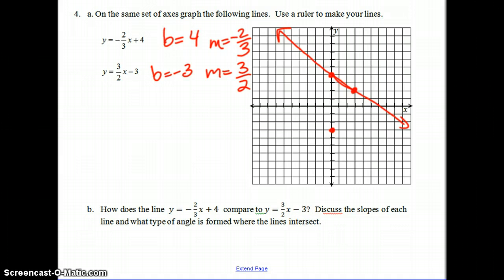Negative 3, 3 over 2. Okay, again, you notice that we have this right angle. Well, what do we notice about the slopes in this case? Alright, if you notice, the slopes are flipped around.